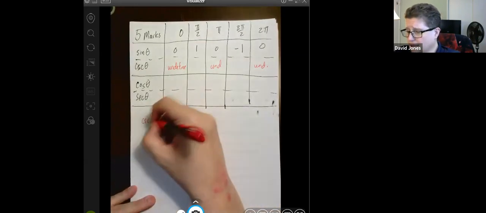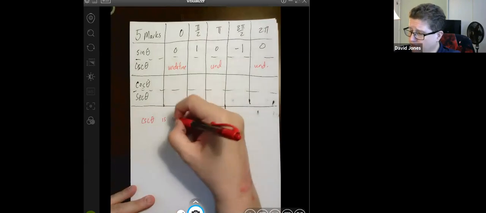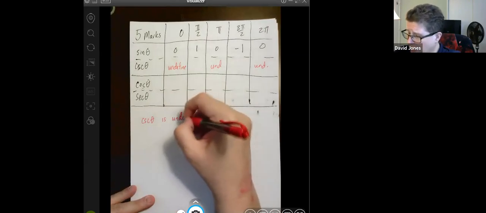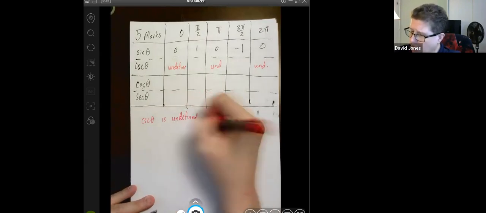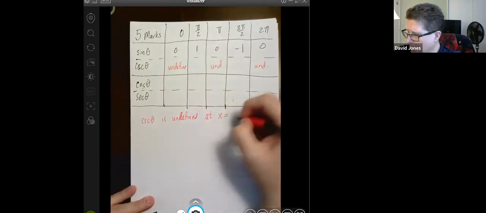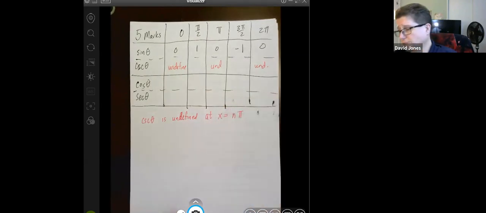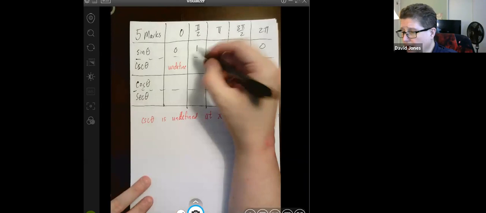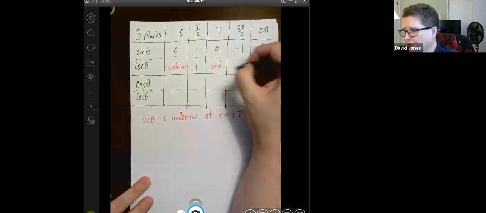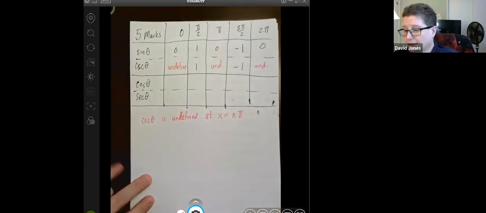So cosecant theta is undefined at x equals n pi. Funnily enough, we flip 1 over, that's still 1. We flip negative 1 over, that's still negative 1.